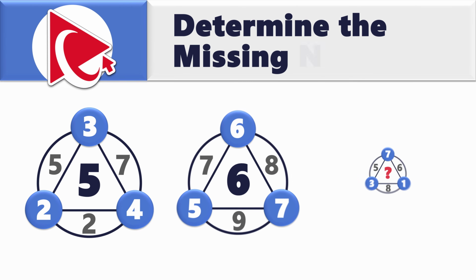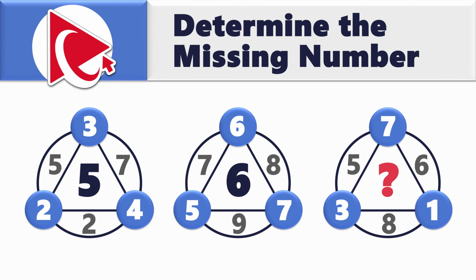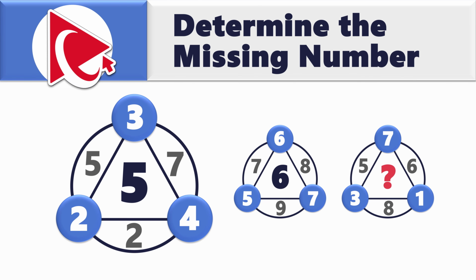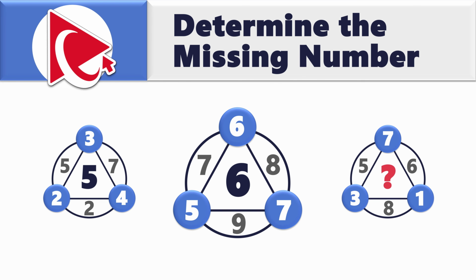You're presented with 3 cool-looking shapes. Each shape has circles and triangles. The first shape has numbers on the inside, 5, 7, and 2, and the numbers on the outside, 2, 3, and 4. The middle number for the first shape is 5. The second shape has inside numbers 7, 8, and 9. The outside numbers are 5, 6, and 7, and the middle number is 6.